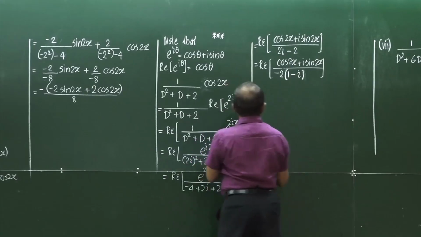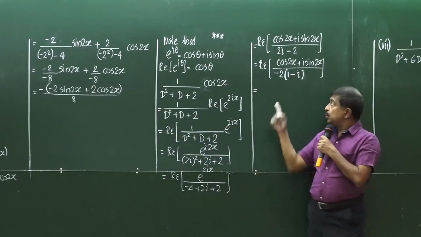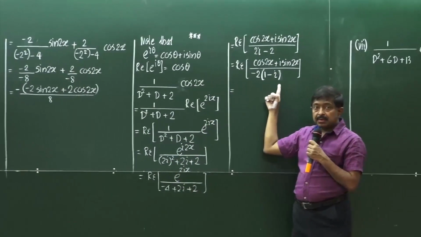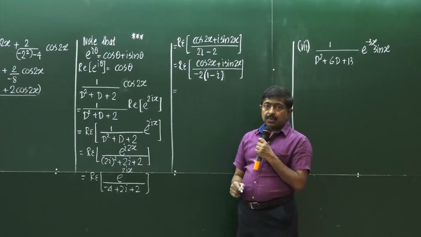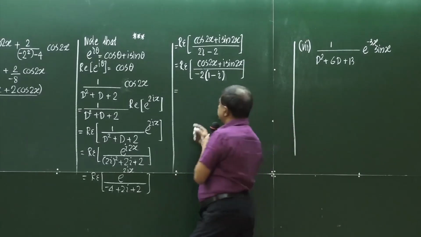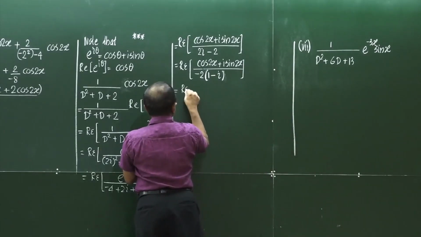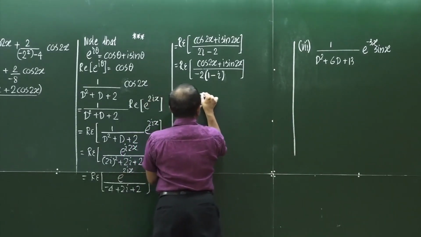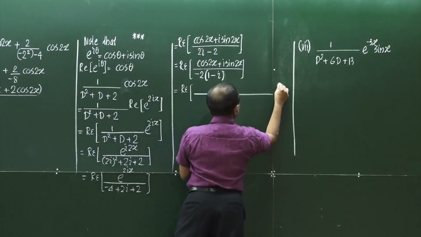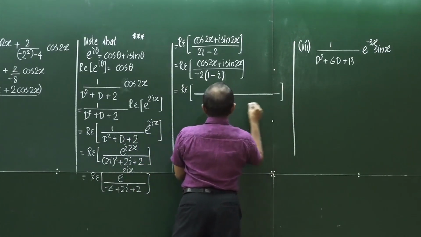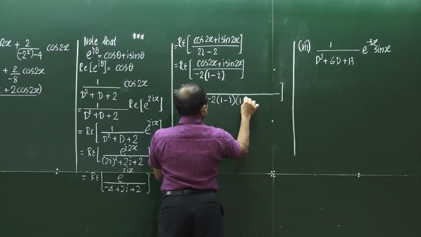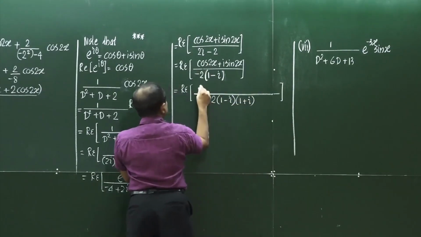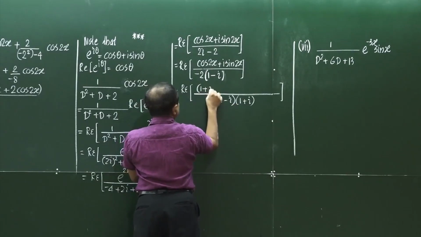Now, to find the real part, you have to make the downstairs real. To do that, you have to multiply it by the conjugate, 1 plus i. Upstairs, you have to multiply it by 1 plus i as well.